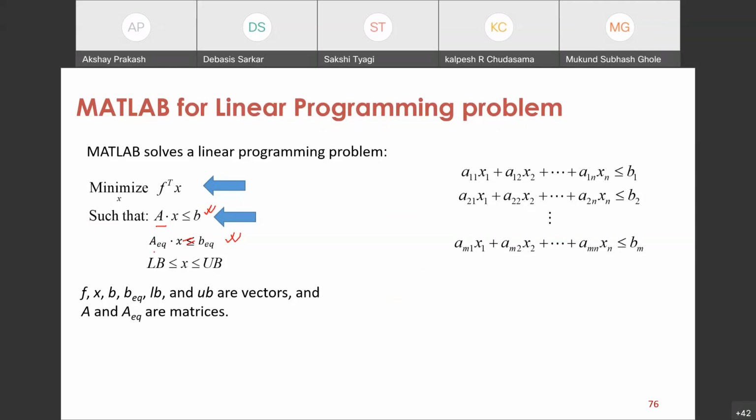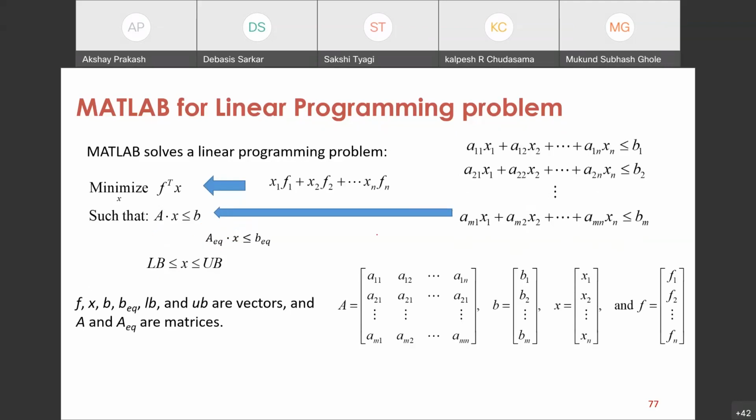and accordingly you have to supply the coefficient matrix for the linear equality constraints, and the coefficient matrix for the linear inequality constraints, this is the upper one.